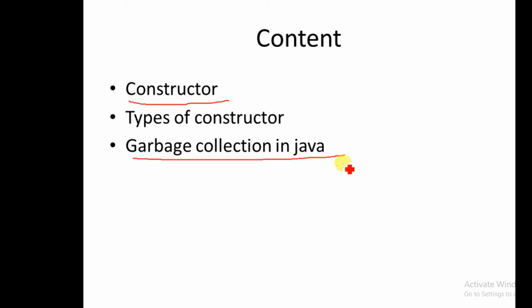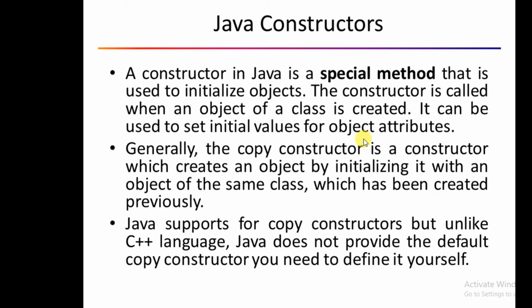So let us begin. So what is constructor? Constructor is basically a special method which is used to initialize the object. If you do not specify any constructor in the Java class, then by default Java provides a default constructor.